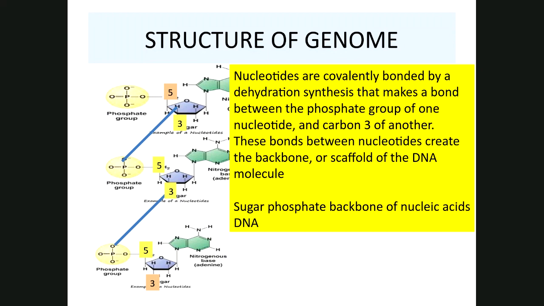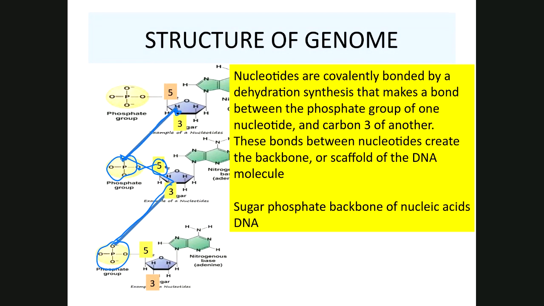The way that these nucleotides are put together to make a DNA molecule is that the phosphate group from one nucleotide makes a covalent bond with carbon number 3 of another nucleotide. And the phosphate group from that nucleotide, and remember that phosphate group is attached to carbon 5, is attached to carbon 3 of the next nucleotide.